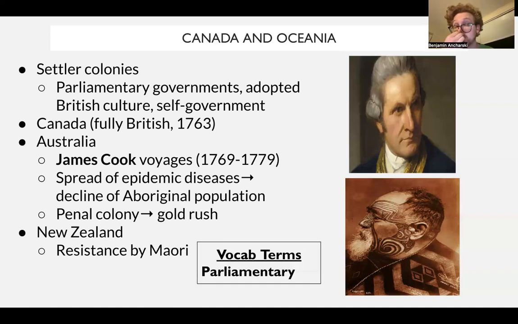But thanks to the military standoff that will happen because of the Maori and their guerrilla warfare, we do see there will be more self-government for Maori in their specific areas of New Zealand. So New Zealand is an example of some indigenous resistance to the European, I should say the British, presence.